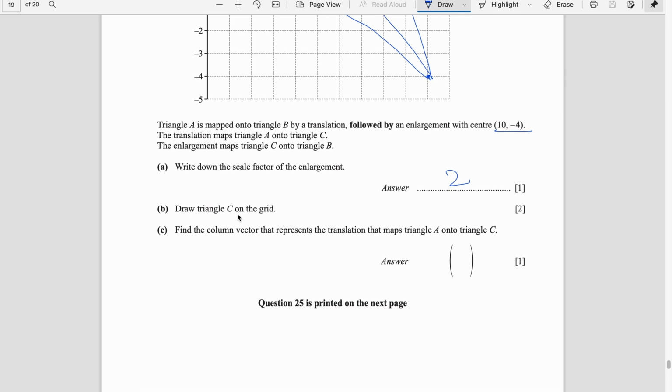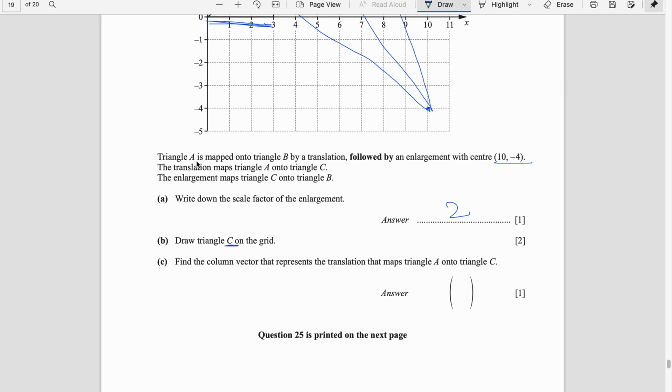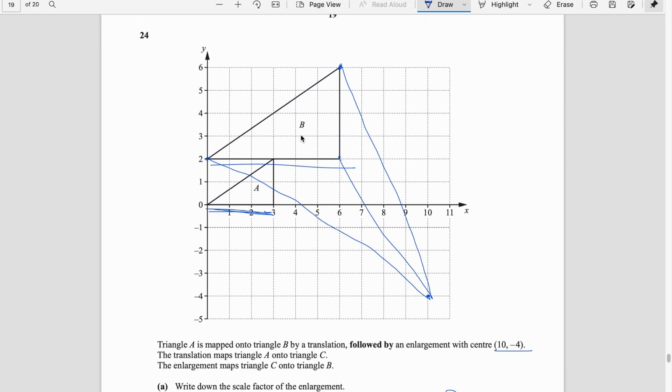Now, when we have to draw triangle C, basically A was first translated to C, then enlarged onto B. So A must be translated such that it fits inside these lines. Let me draw this again and try to make it neat.